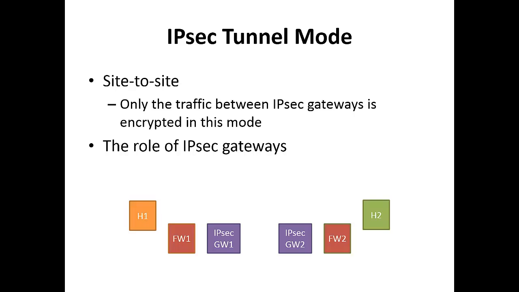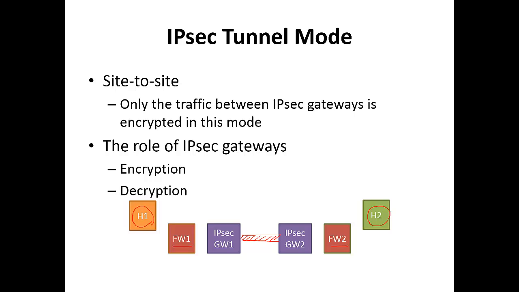So the role of the IPsec gateways in this case is either encryption or decryption. To give an example, as you can see in this figure, host 1 and host 2 are behind firewall 1 and firewall 2, and the IPsec gateways are connected. So in between the IPsec gateways, all the traffic is encrypted when it's going through the internet.